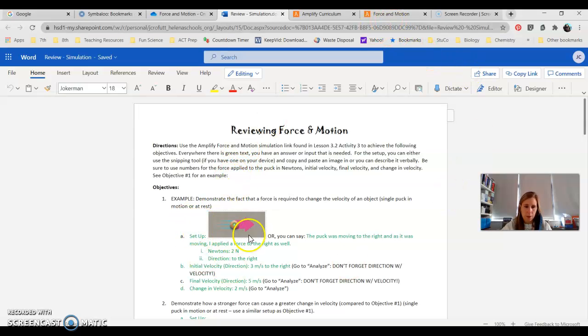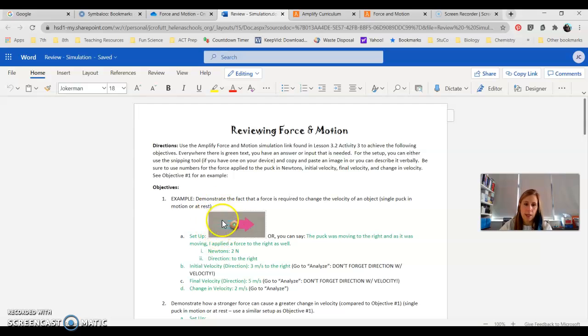So I have my setup here. It looks like I started out with a puck in motion. If you have a snipping tool on your computer, for the setup I'm fine with you snipping a picture of what your puck looks like. This should show you the force I exerted, and it should also show whether you have any velocity.